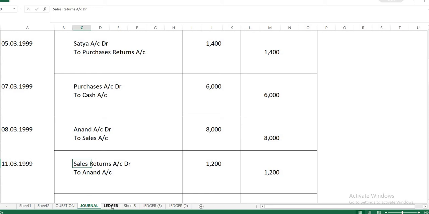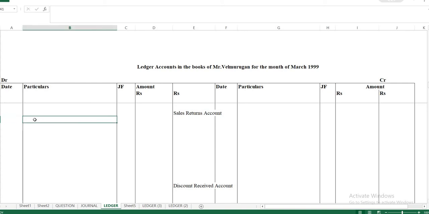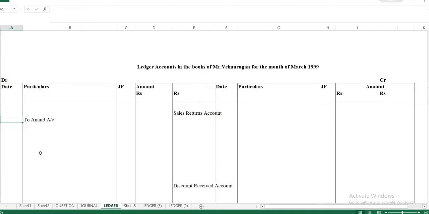Okay, so here we have the sales return account. The date you mention here, and in particulars, to Anand account. That date is 11th March 1999.